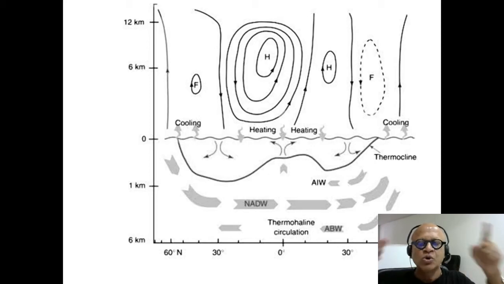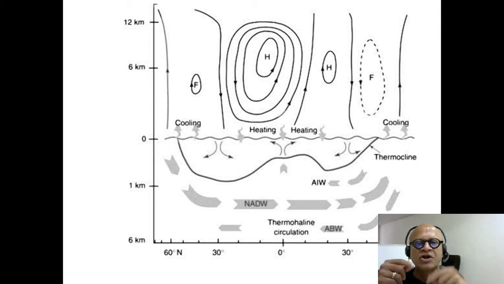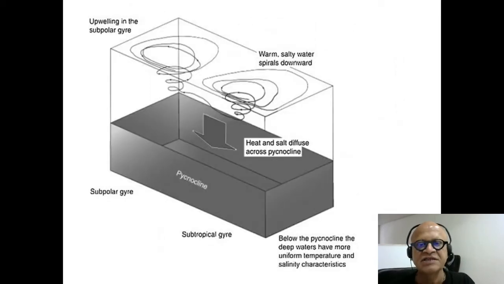Okay, so the ocean also has a Hadley cell-like circulation with upwelling on the equator corresponding to the convection and rising motion in the atmosphere, poleward divergence, sinking, and completing the cell. So that gives you a sense that ocean and atmosphere are working together, at least in the Hadley cell region.